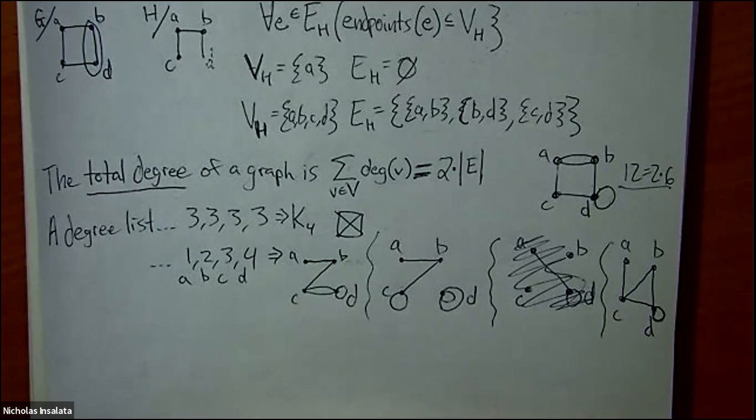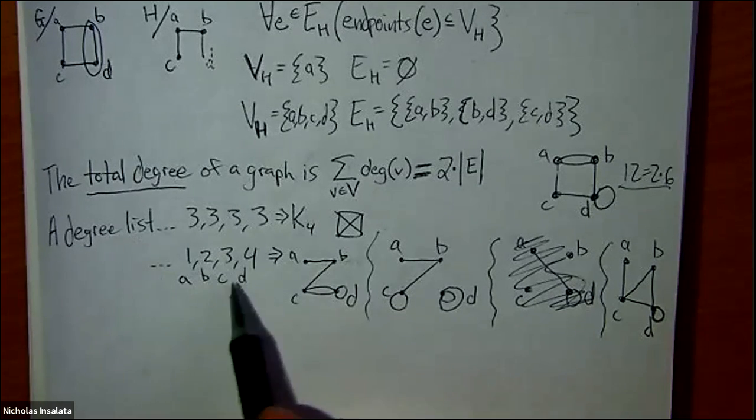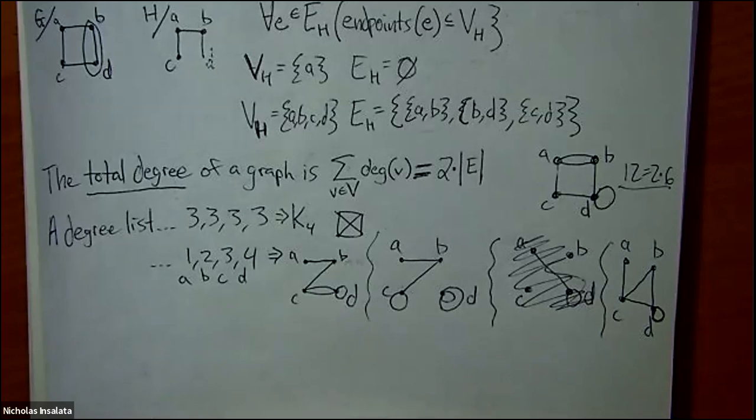Nice. So as you can see, there's a lot of, and a couple people put other ideas in. There's a lot of different ways that you can build a graph out of a degree list. A lot of different graphs, non-isomorphic graphs you can make from a degree list, right? But sometimes you can't make a graph out of a degree list.